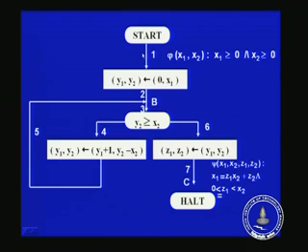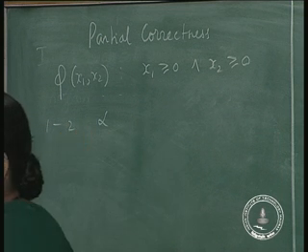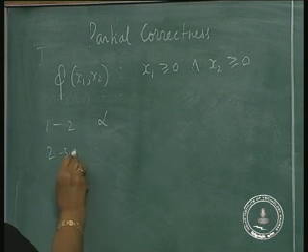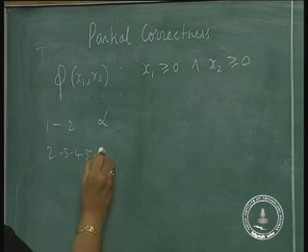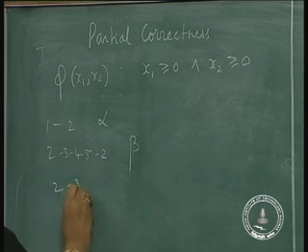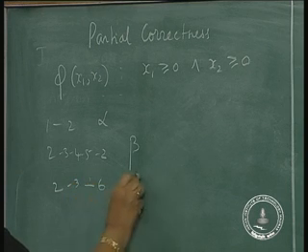The portion 1 to 2 is taken as one path, path alpha, and the loop 2, 3, 4, 5, 2 again is taken as another path, path beta, and the portion 2, 3, 6 is taken as another path, path gamma.